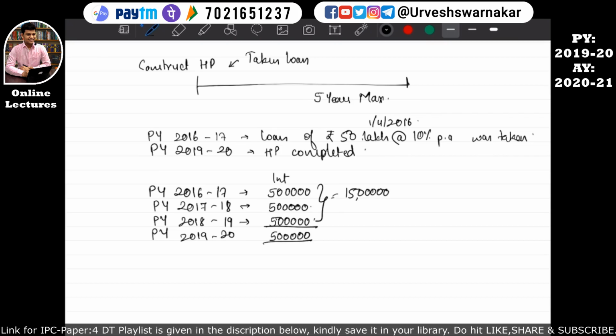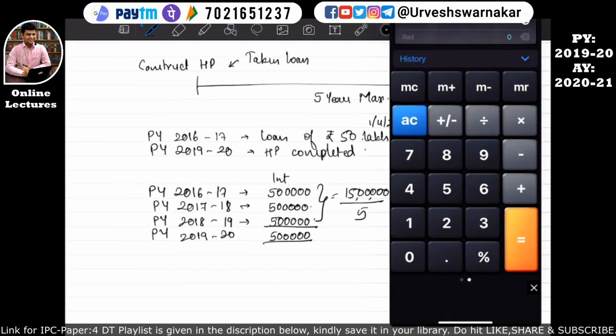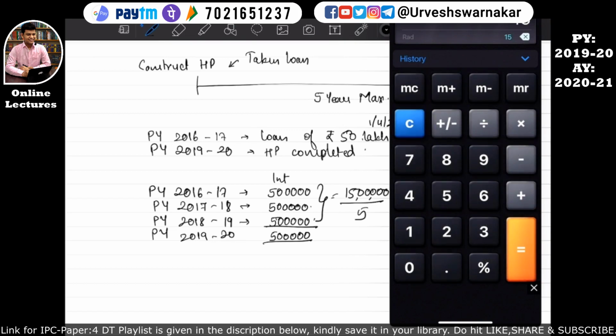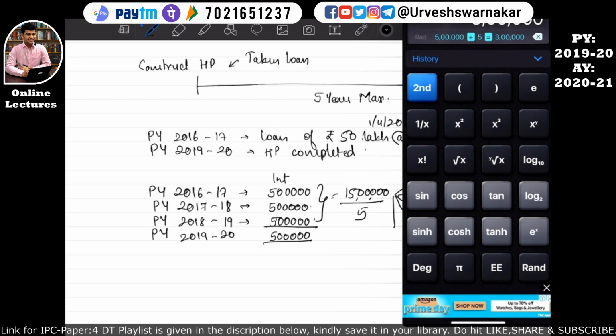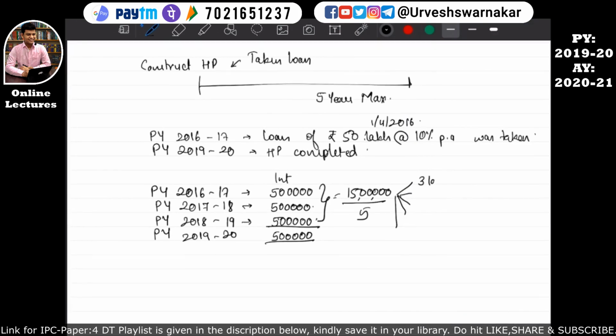This 15 lakhs interest will be allowed as deduction in the coming 5 years, so this 15 lakhs will be divided by 5. Let's divide 15 lakhs by 5, which is equal to 3 lakhs. So 3 lakhs will be allowed in the previous year 2019-20 along with 5 lakhs, since he has to pay this 5 lakhs interest in the previous year 19-20 also.